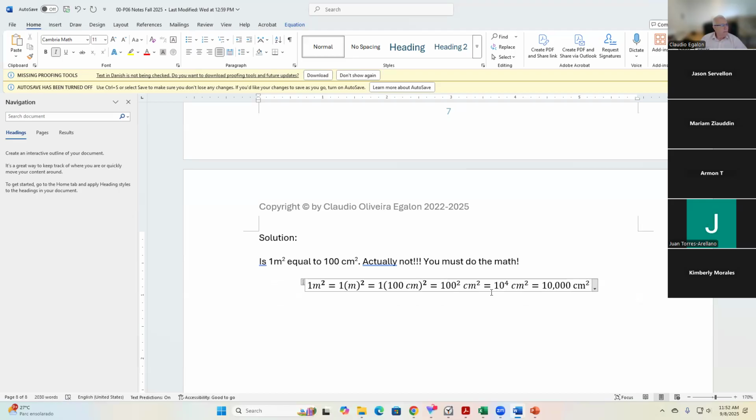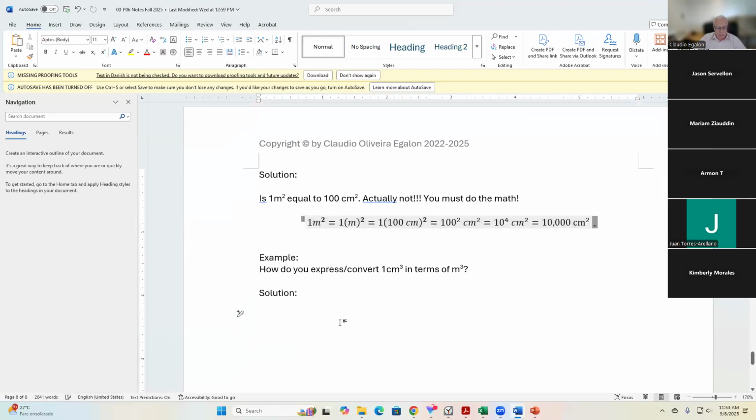Okay. And you get something like that too for cubic meter, right? Cubic meter, for instance. What about 1 cubic centimeter? How to express 1 cubic centimeter in terms of meters? We do the same treatment. We start with 1 cubic centimeter.